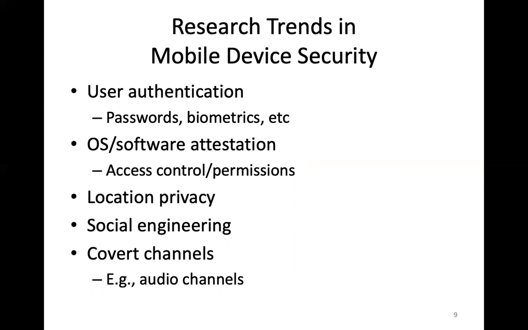There's work on location privacy. Now, the problem here is rather interesting. Very often with mobile devices, you actually want to share your location so you get location relevant information. If you're using a maps application, you do really need to share your location. And you might want to get location sensitive content.